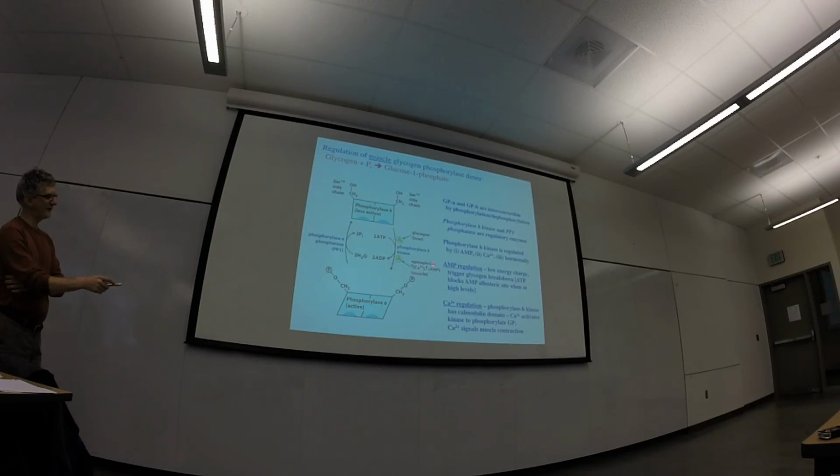Calcium is another signal here that will trigger the activity because calcium is involved in muscle function. If there's low energy, AMP, then we also trigger glycogen breakdown because we need energy, so we need to go to our stores. Okay? So we have hormonal regulation.